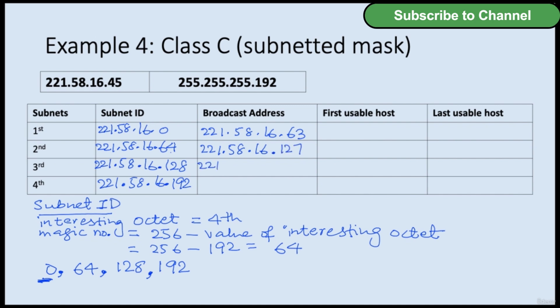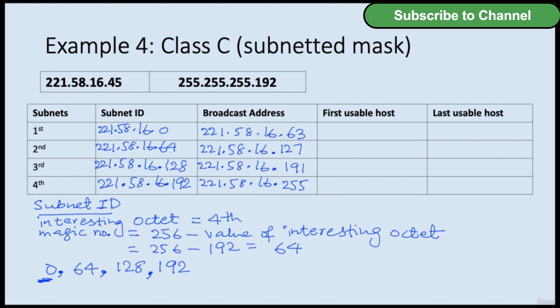And 221.58.16, in the 128, I have to add 63 more. It will become 191. And then 221.58.16, and in this 192 I have to add 63 more. It will become 255. So these are my 4 broadcast addresses.